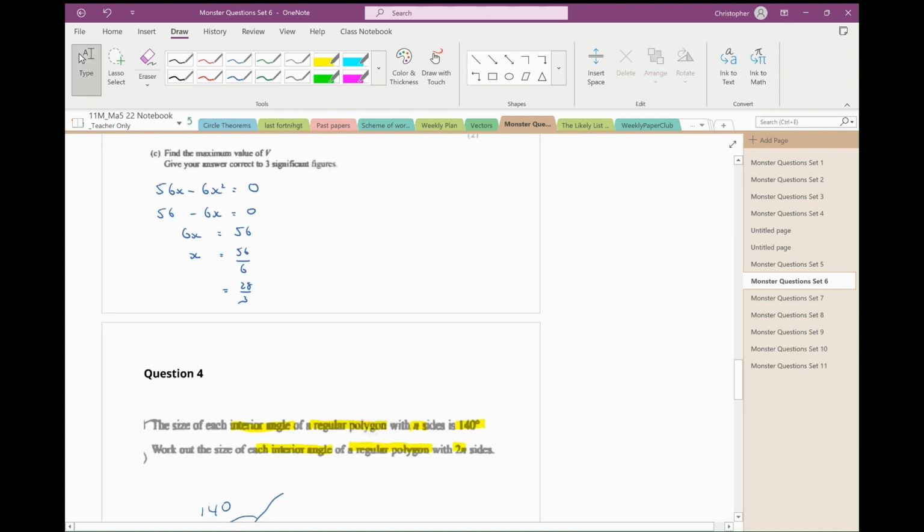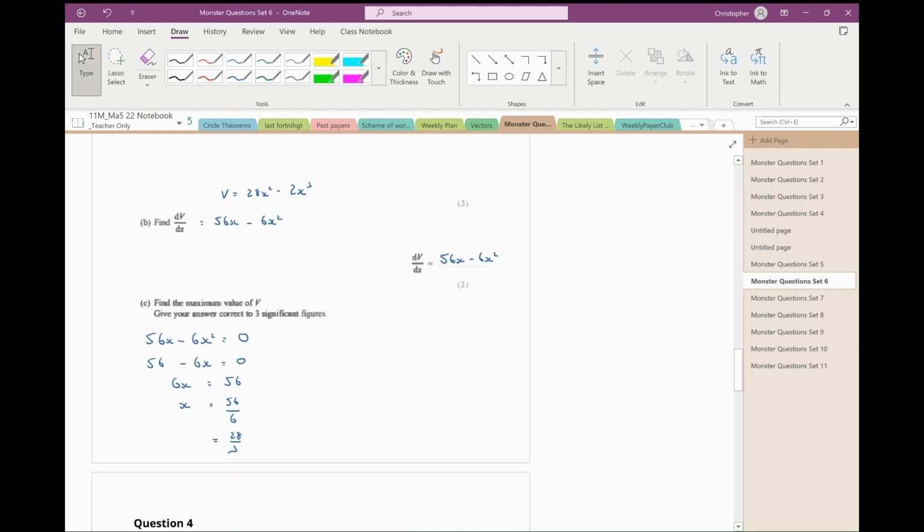And now I need to find the volume, don't I? Now the volume will be 28x squared minus 2x cubed. So that's going to be 28 times 28 over 3 squared minus twice 28 over 3 cubed.